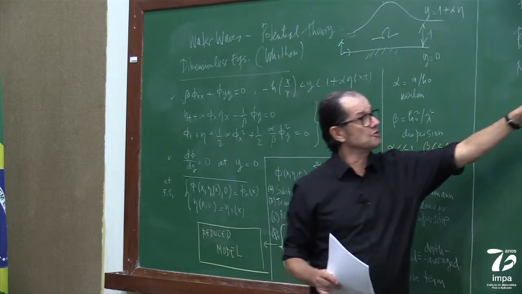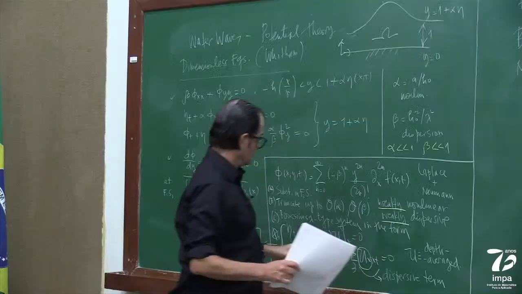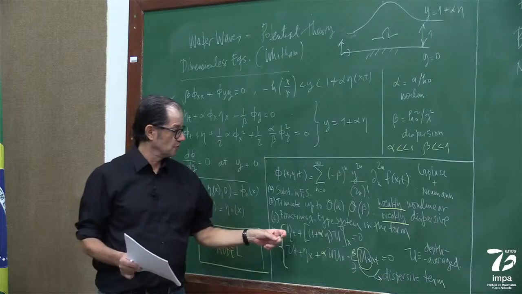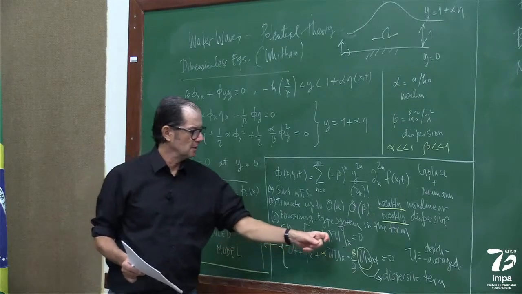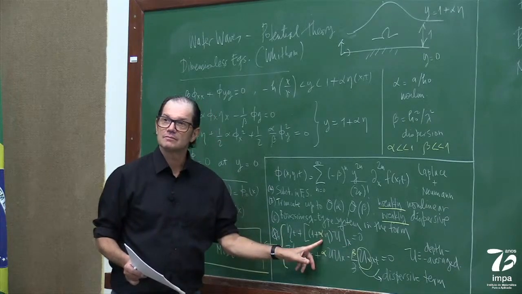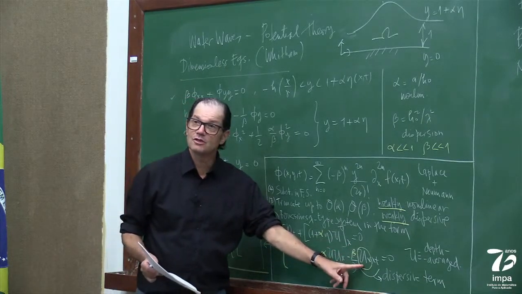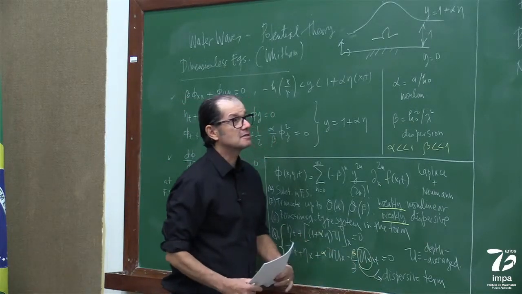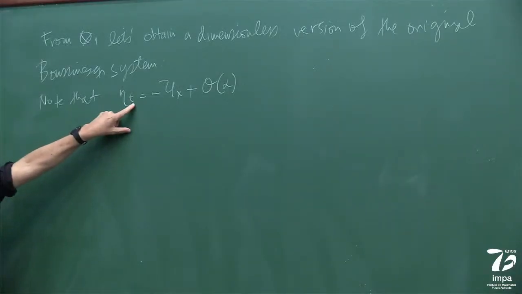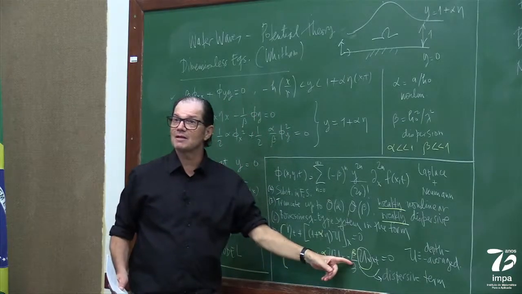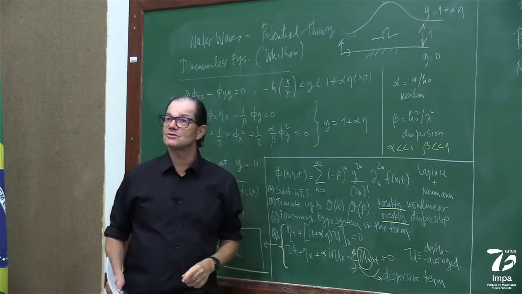using the first equation, which is this. This is the first equation written in a short form, which is eta t is equal to minus u of x plus an order alpha. If I plug this in here, I can just substitute this u of x by minus eta of t, because this correction term is going to get multiplied by beta, and it's going to go into the garbage.